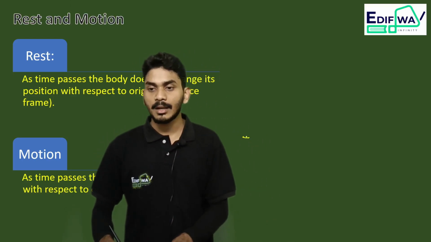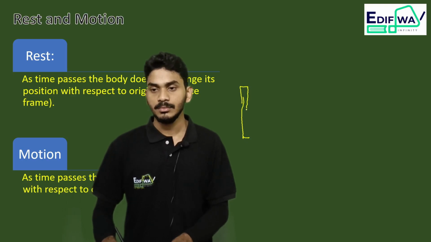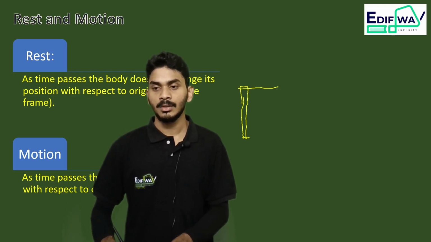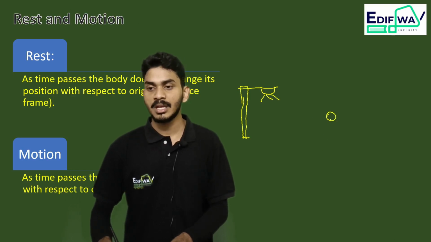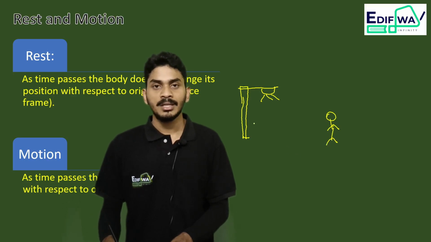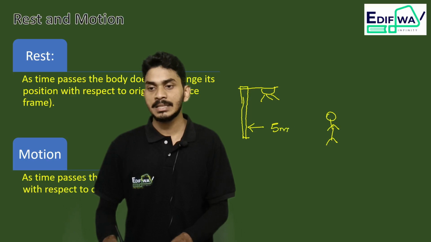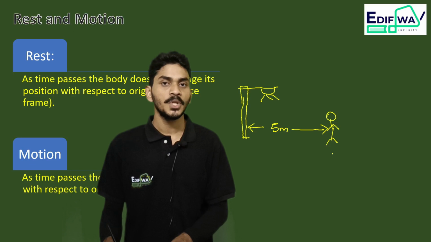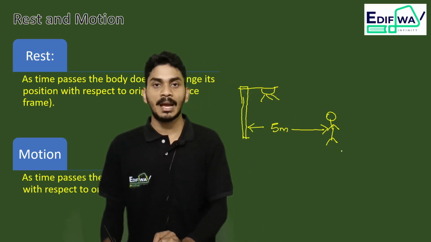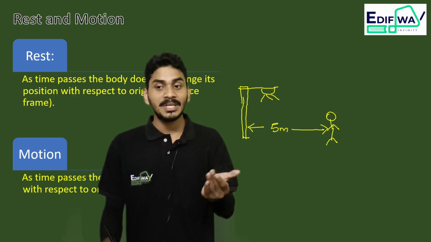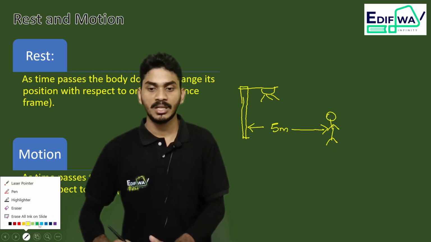There is a lamp, and there is a boy standing at a distance of 5 meters from the lamp. So you are telling the position of the boy with respect to that lamp, then that lamp is your origin.